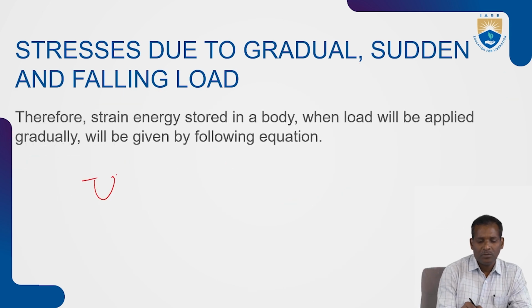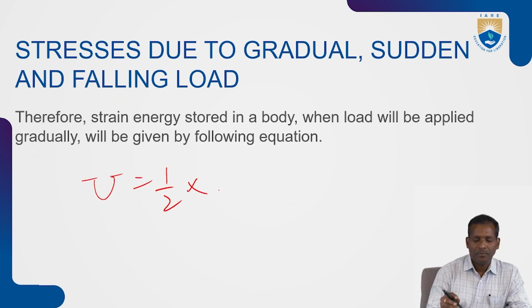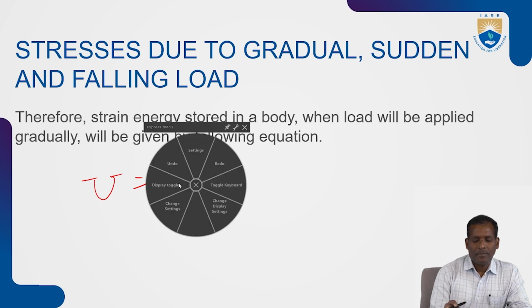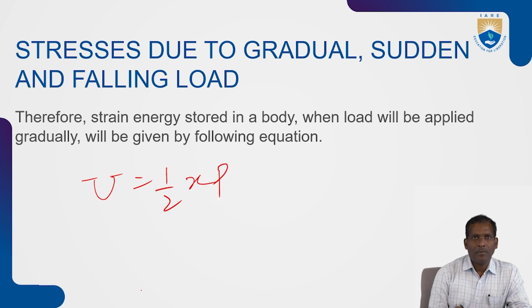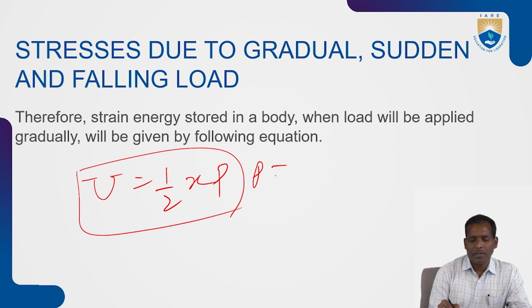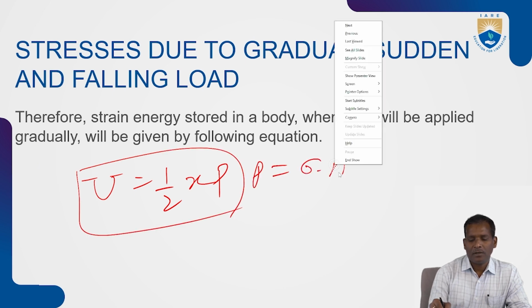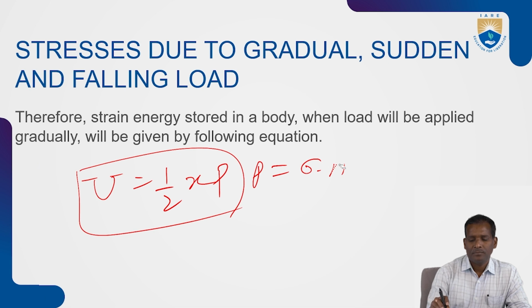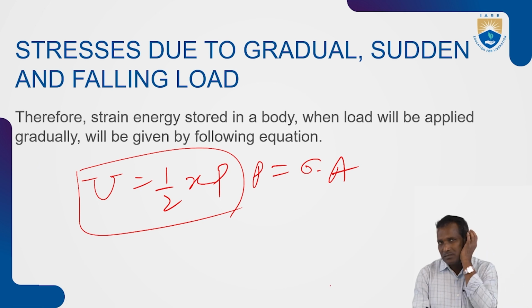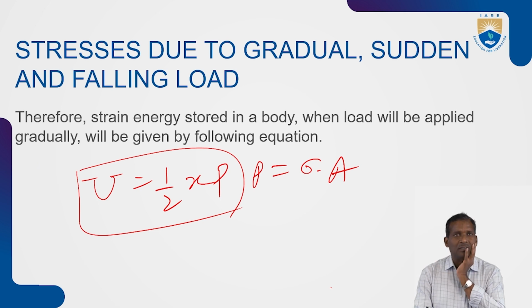So write again U is equal to half multiplied with X into P. In place of P, you can write sigma into area. But what is X? Deformation.